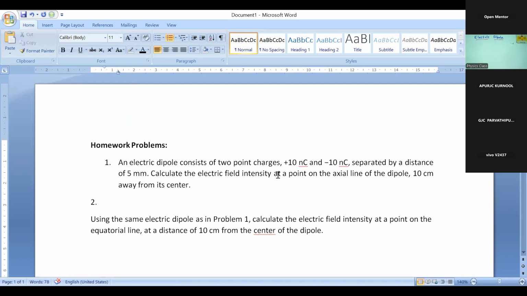Calculate the electric field intensity at a point on the axial line of the dipole, 10 centimeter away from the center. And for the same electric dipole as in problem number 1, calculate the electric field intensity at a point on the equatorial line at a distance of 10 centimeter from the center of the dipole. You have to know that electric field and electric field intensity mean the same thing, so that's why I am putting electric field intensity here.